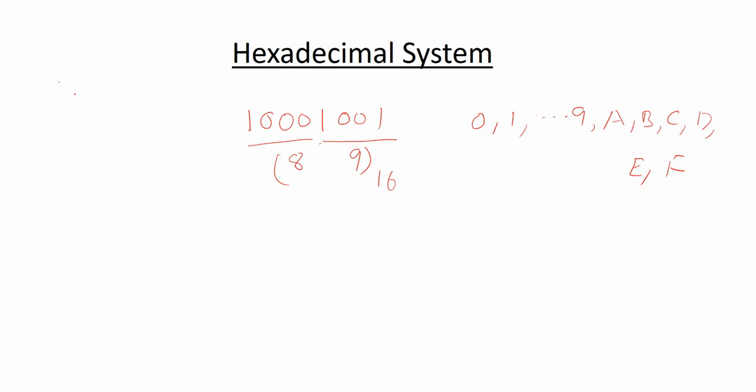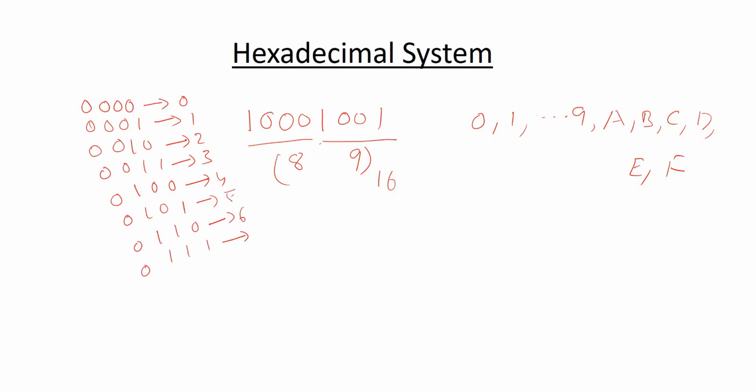Let us see how we can get those. 0000 is equivalent to 0, 0001 is 1, 0010 is 2, 0011 is 3, 0100 is 4, then 5, 6 and 7, and then 1000 is 8, 1001 is 9, and 1010 is A. So 10 is equivalent to A in hexadecimal. Similarly 1011, which is 11 in decimal, is equivalent to B.